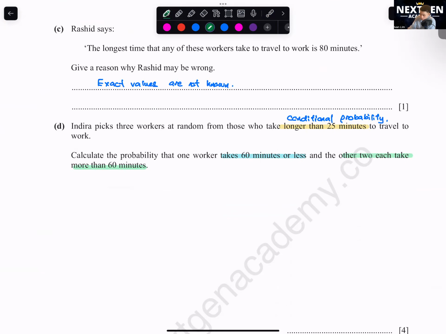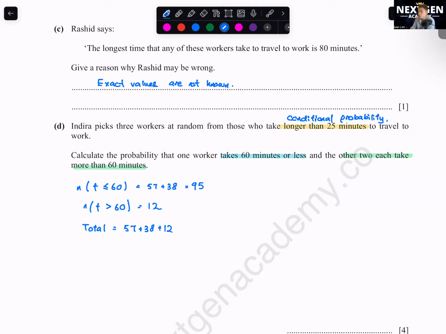I'll break it down into an expression. 60 minutes or less, you got how many? 57 plus 38, you got 95 of them. Those who take more than 60 minutes, you got 12 of them. Total from this group, just from the condition, 57 plus 38 plus 12, which is 107.